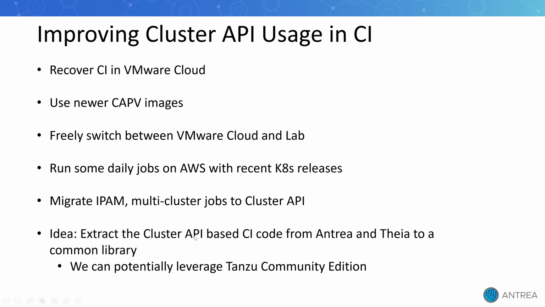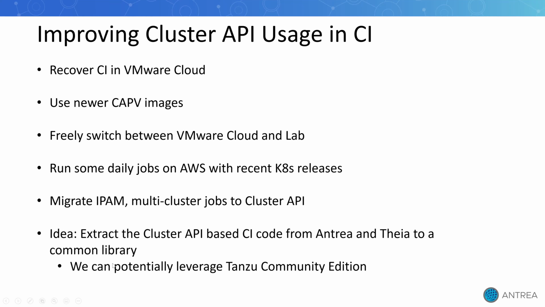Recently we have the Fire project, and we also borrowed some code from the Antrea project. The cluster API code for Antrea and Fire is almost the same. So I think maybe we can extract it into a common library and import it in Antrea and Fire. In this way we add the AWS support in one place, and it can be consumed by both Antrea and Fire.